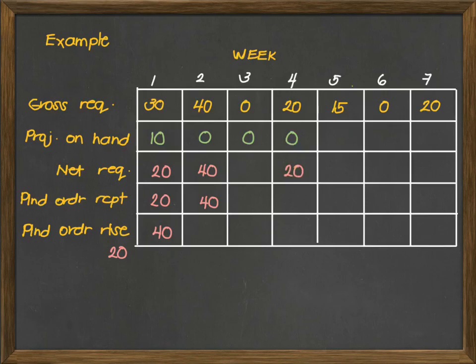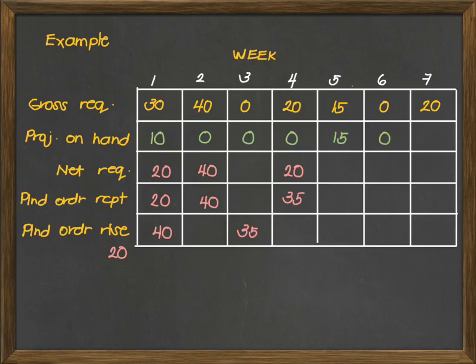Now, if you can remember, the third circled number is 35. So, that means we need to order 35. So, 35 and then 35 for 1 week prior to week 4. So, 35 minus 20. This will give us 15 units for the projected on hand on week 5. And then, our gross requirement for week 5 is also 15.